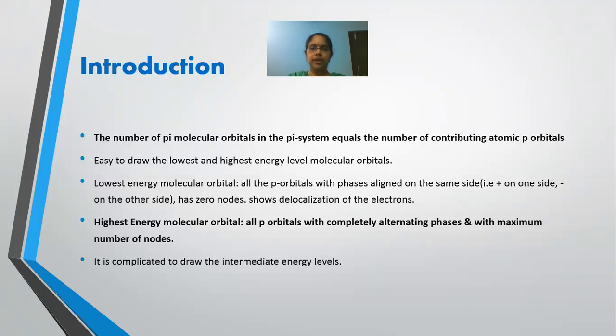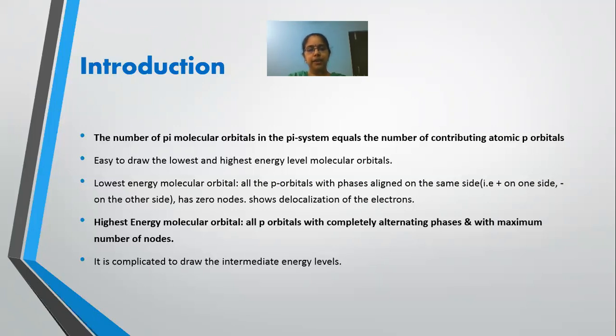So the highest energy molecular orbital contains all the phases arranged in an alternate fashion, whereas the lowest energy molecular orbital contains the p orbitals with phases aligned in the same direction. So that is about the lowest energy and highest energy molecular orbitals.